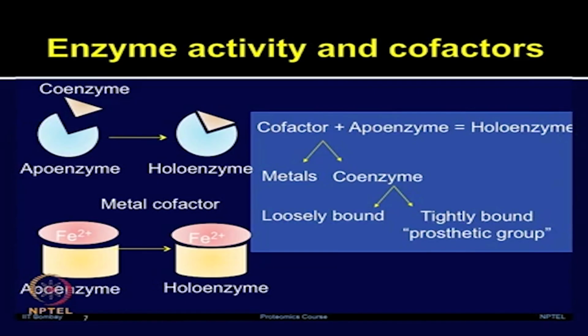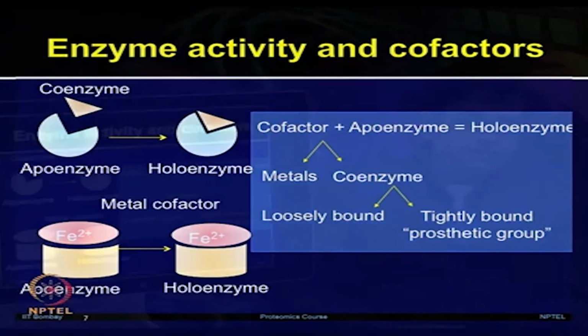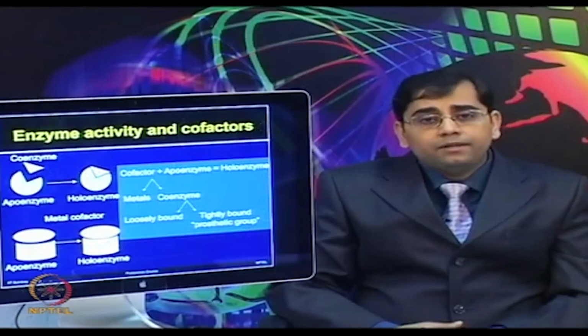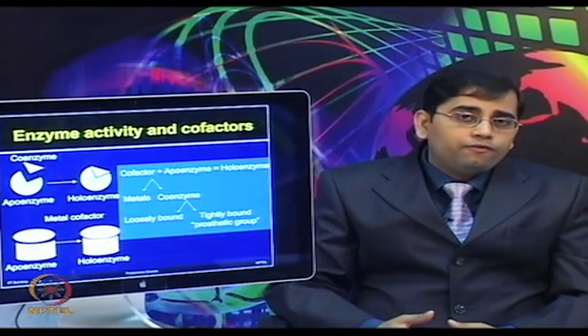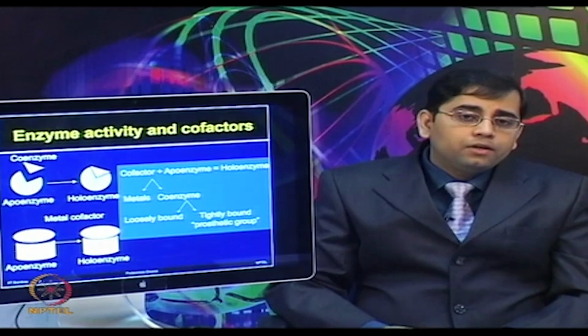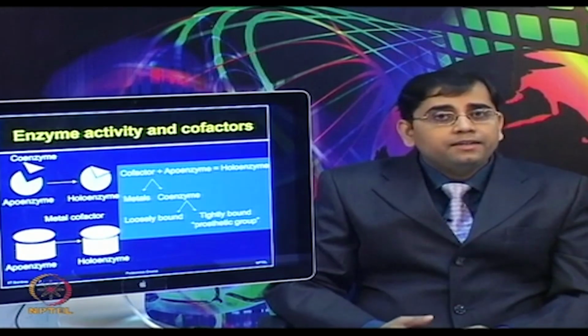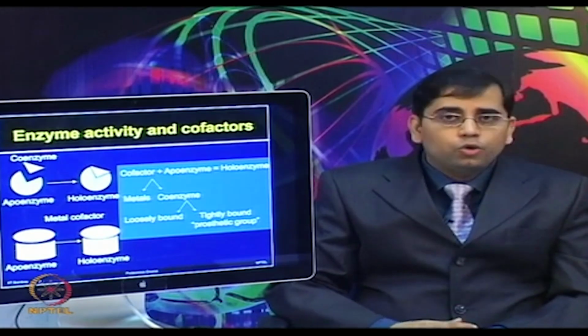The coenzymes are small organic molecules such as those derived from the vitamins. The prosthetic group is a tightly bound coenzyme. The apoenzyme is an enzyme without its cofactor, and a holoenzyme is when you combine cofactor and apoenzyme to give rise to the complete catalytic enzyme.